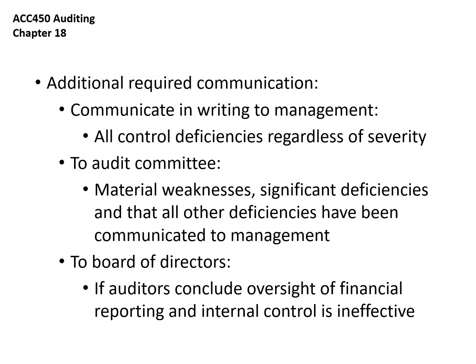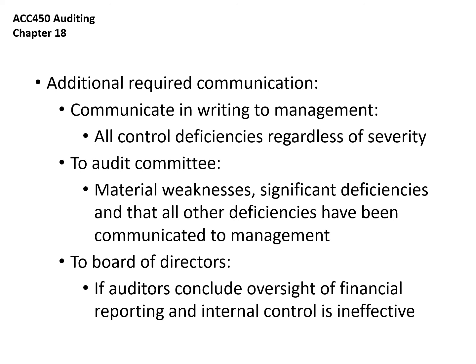So our communication of what we found in the internal control audit: all control deficiencies, regardless of their level of severity, we would communicate them in writing to management. And I think that's important from a liability perspective, from the auditor's standpoint, that we want that to be in writing, so that it's clear that we did document what we found and communicated that properly, so that they could take the necessary steps.